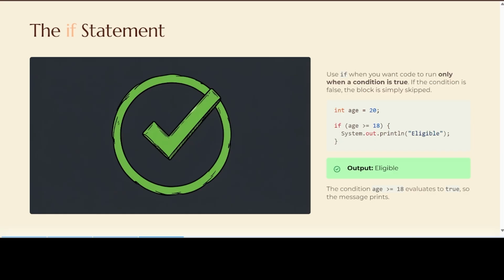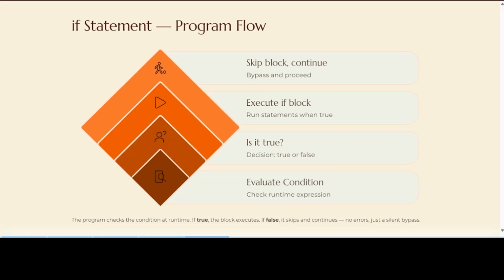I will give one real-time explanation so that you will always remember it. Think about a movie theater. If your ticket is valid, security allows you inside, otherwise nothing happens, right? That's exactly how an if statement works. Keep this example in mind so that you will never forget the if statement.